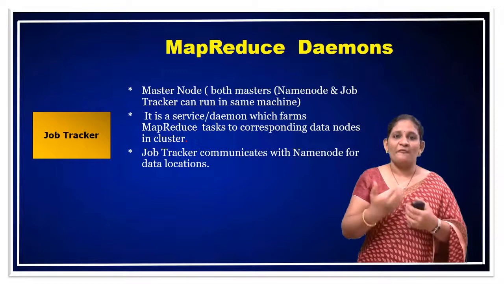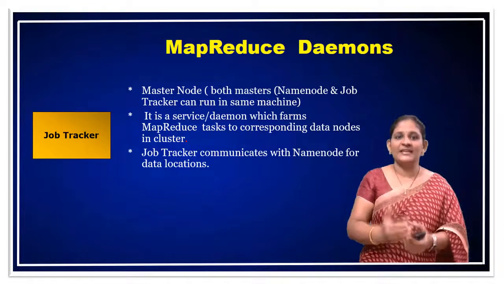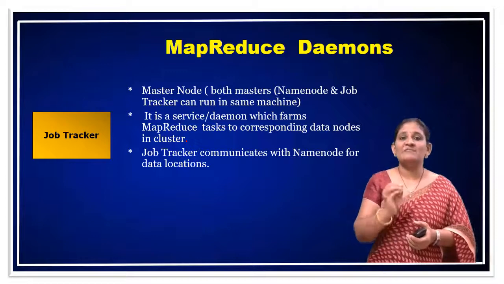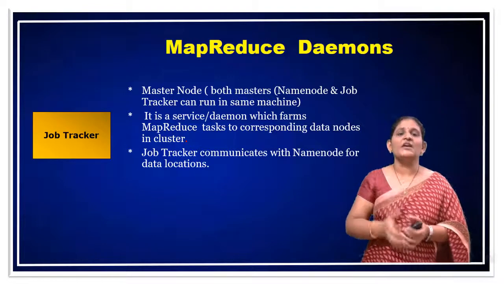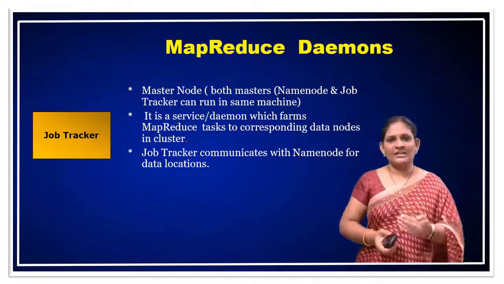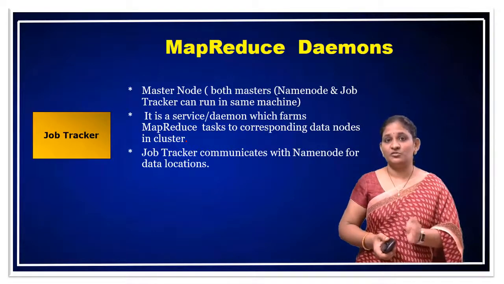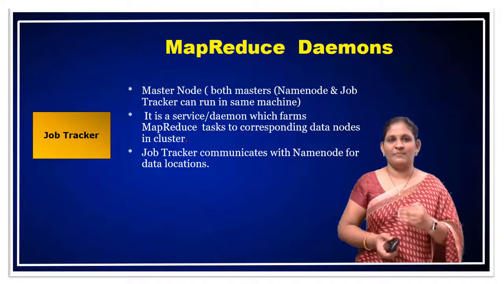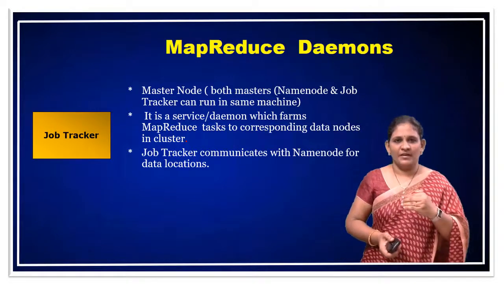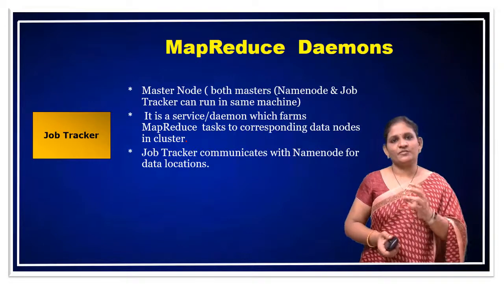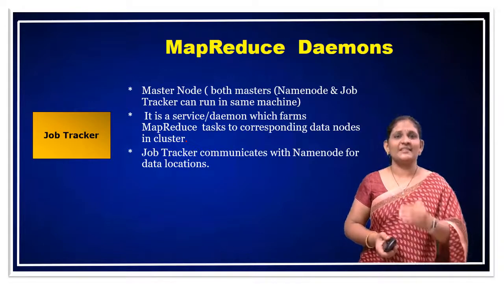Where is the data which I require stored? You just send me the data locations or IP addresses of those data nodes. Immediately the NameNode will respond, and it will send the IP addresses of the data nodes where the data is actually residing.